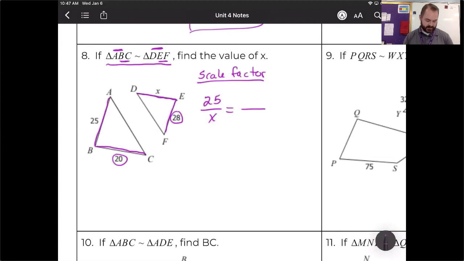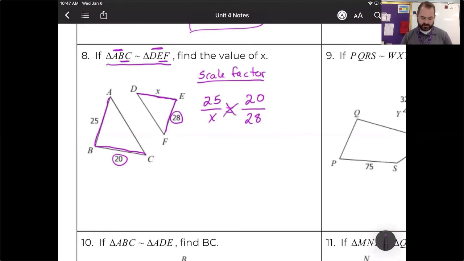Okay, these numbers don't actually match up, so I almost got confused there. But 20 goes with ABC, just like 25 went with ABC, and then 28 goes with the other triangle. Even though it looks smaller, we can't go off of looks this time. Don't get confused by that. But that's our scale factor. Because of the similarity statement, that is what we have to go with.